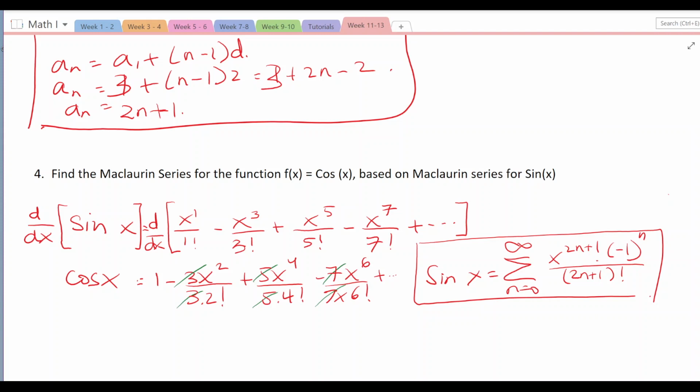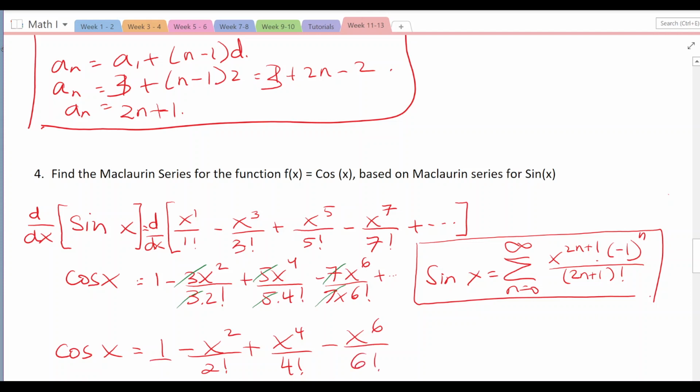And then we can summarize the Maclaurin series of cos x based on the Maclaurin series of sin x as simply 1 minus x squared over 2 factorial, and then positive x to the power of 4 all over 4 factorial, and then negative again, negative x to the power of 6 divided by 6 factorial.